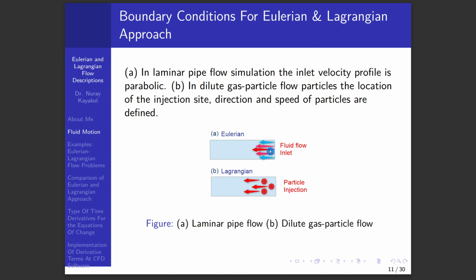These arrows with different colors will tell you the pipe flow pattern, a parabolic flow pattern. So it is maximum at the center, and then it decreases as it gets close to the wall. Why? Because velocity is zero at the surface. That's why we have such a parabolic flow pattern.